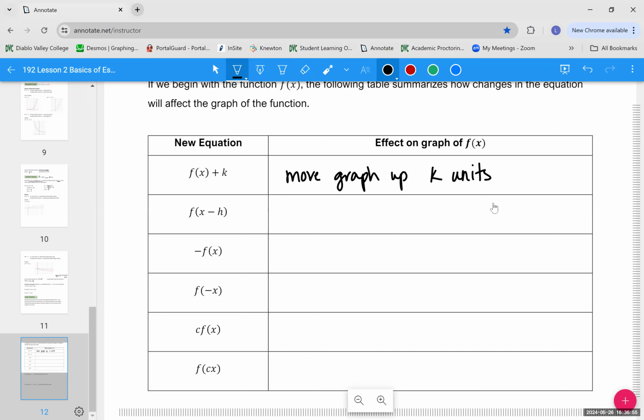Okay. I guess one other way you could have said that is move the graph, how about we say vertically, k units. And so the difference is if you are adding or subtracting inside with the x, then that moves it horizontally.